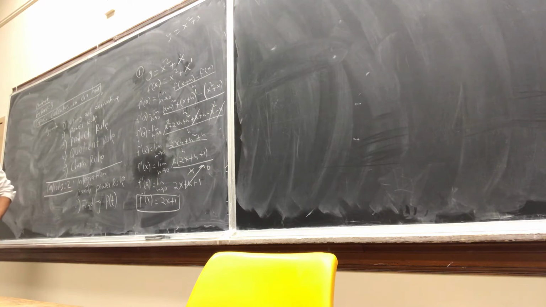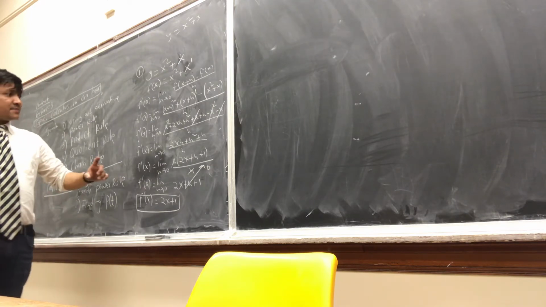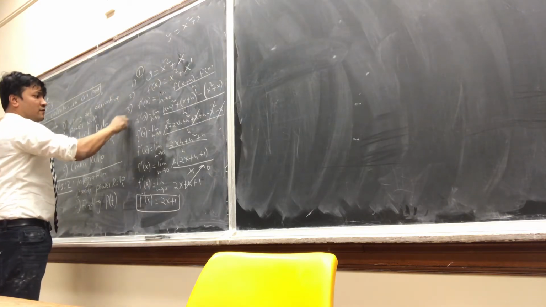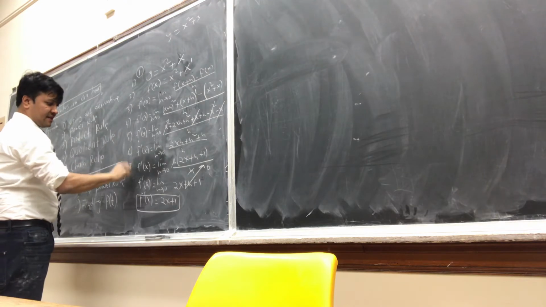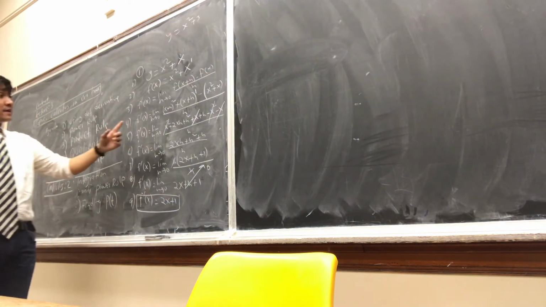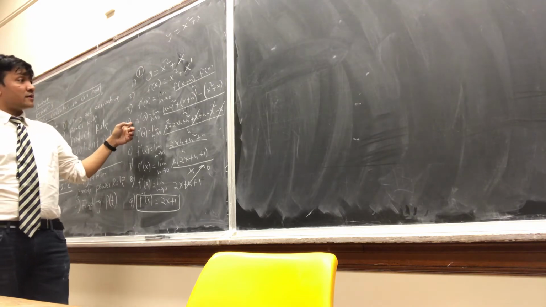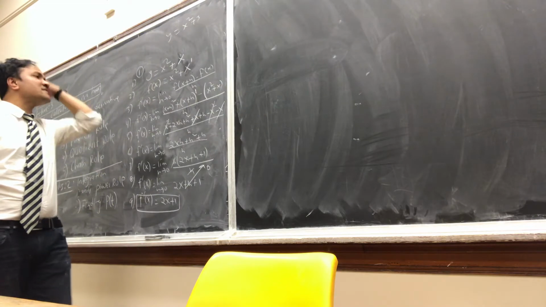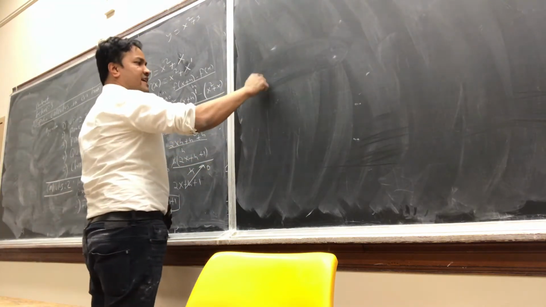Can you explain how you got x plus h squared? Line 4. Where did I get it? Okay. So the function is x squared plus x, right?